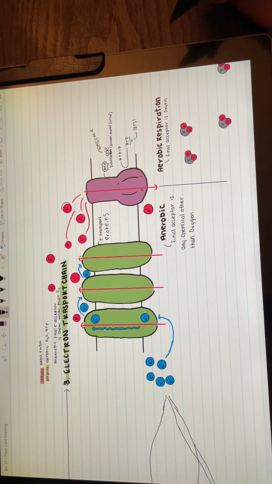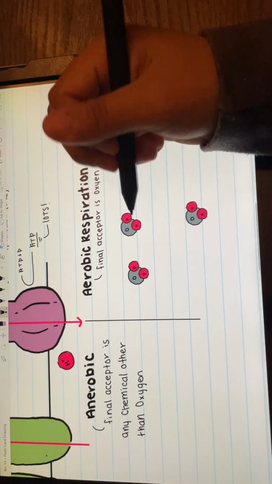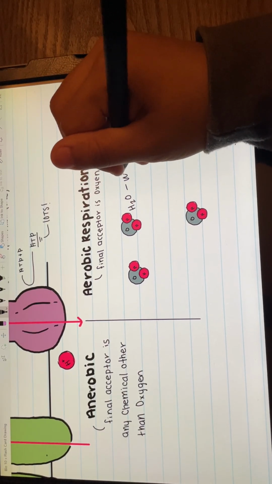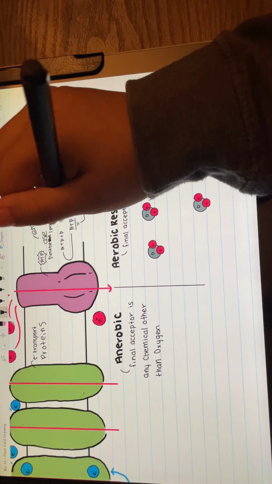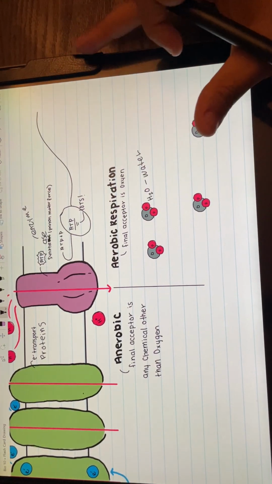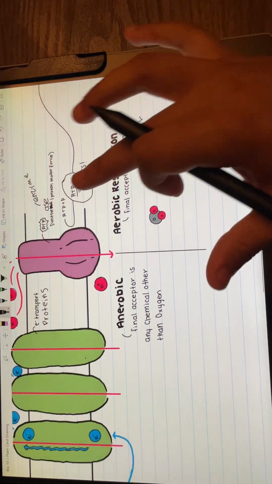If it is aerobic respiration, we will get oxygen to combine, and as we can see here, we have H2O. So that's water. That is the final step, and we have this abundance of ATP that will go out to use its energy to perform all kinds of cell work.